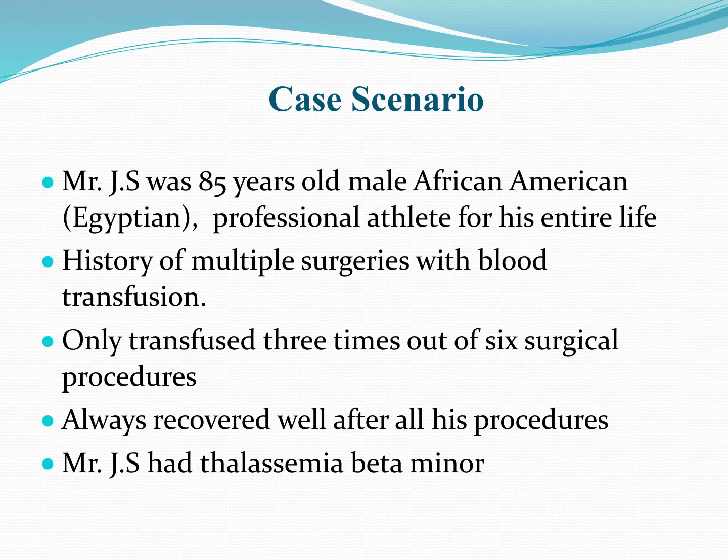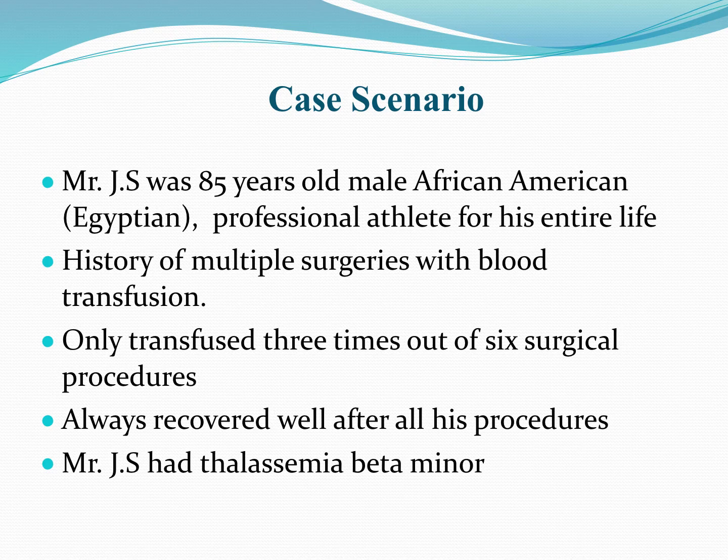The only history he had was multiple surgeries here in the United States, and because of such he also had transfusions, but those transfusions happened only 3 out of 6 times that he had a surgical procedure.